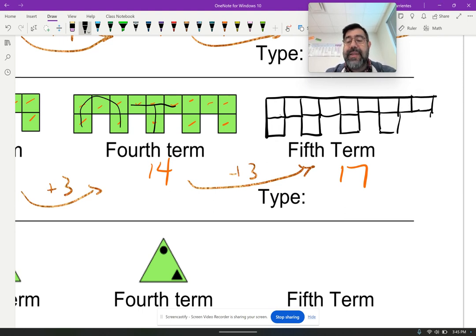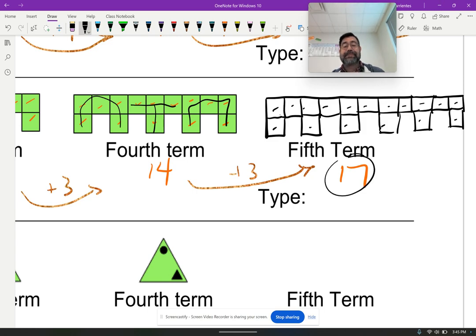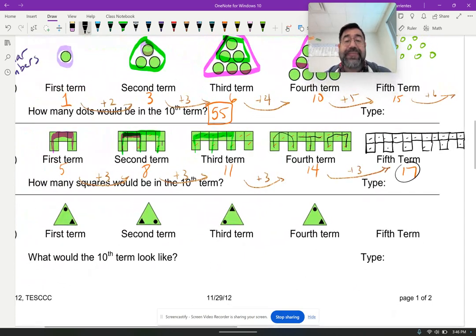Oh no, I made them not the same size. That would be this part. But then I'm supposed to add another 3, so it'll be 1, 2, 3. And if I count all of these squares, 1, 2, 3, 4, 5, 6, 7, 8, 9, 10, 11, 12, 13, 14, 15, 16, 17, that's the number that we got. It works. Great.